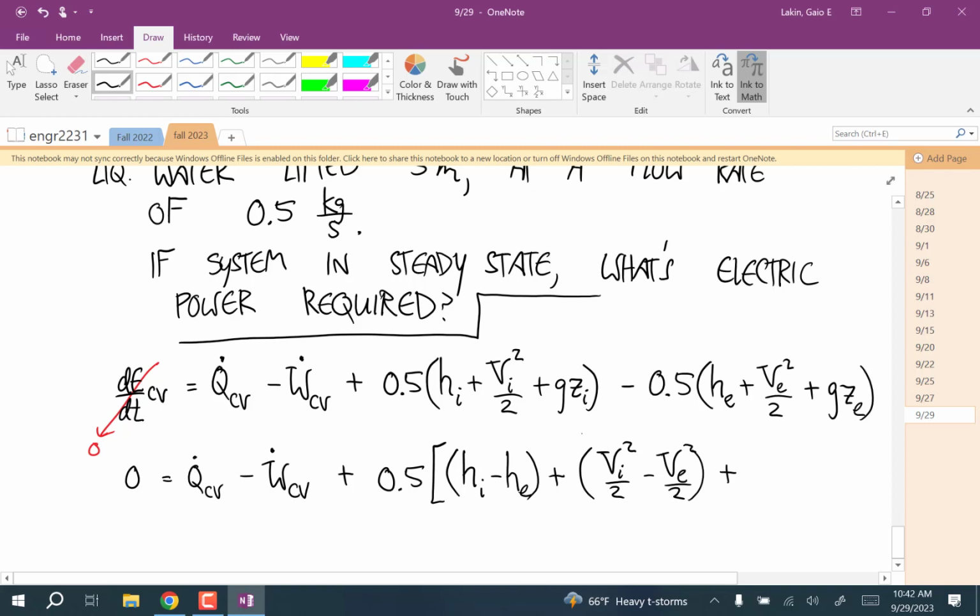Well, this is one we know, right? We have a higher value at the exit, so this is going to be minus 5 times 9.81. All right, are you with me on that?